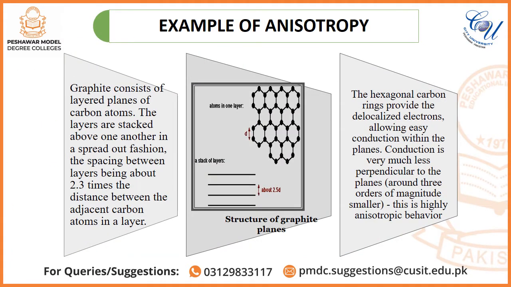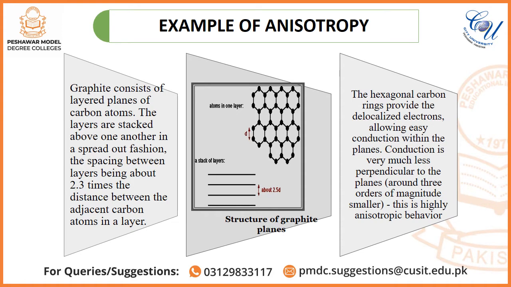Examples of anisotropy. Graphite consists of layered planes of carbon atoms. The layers are stacked above one another, the spacing between the layers being about 2.3 times the distance between the adjacent carbon atoms in a layer.